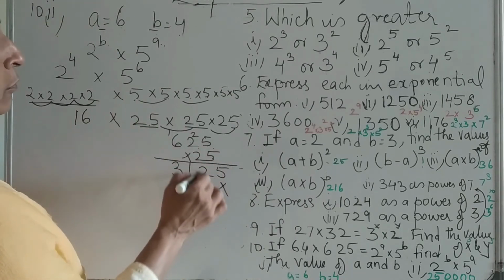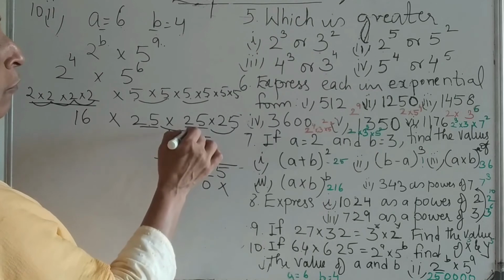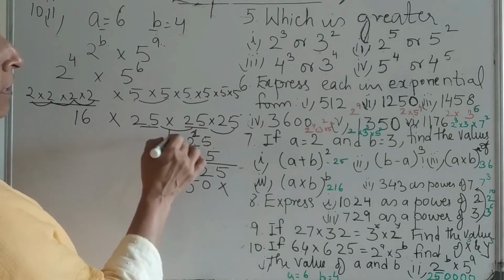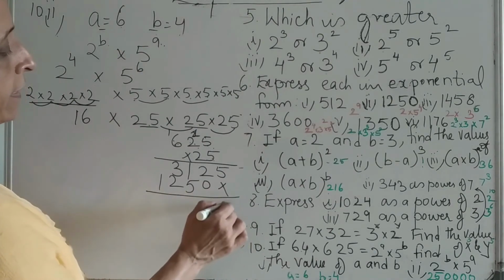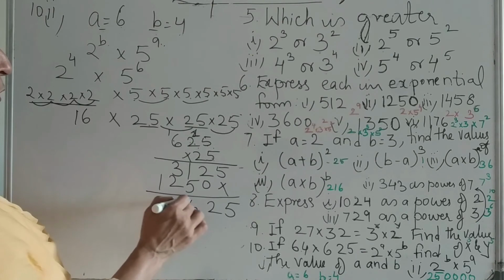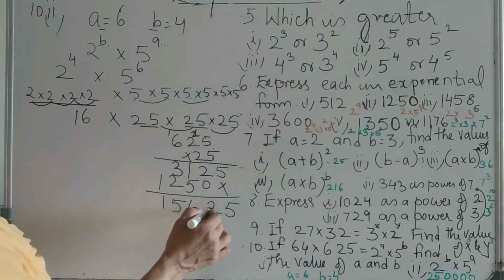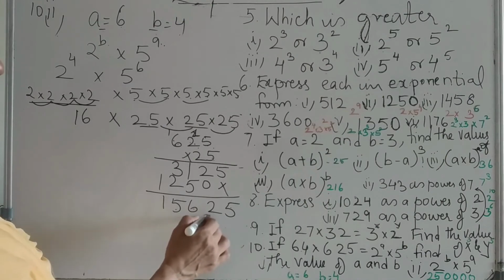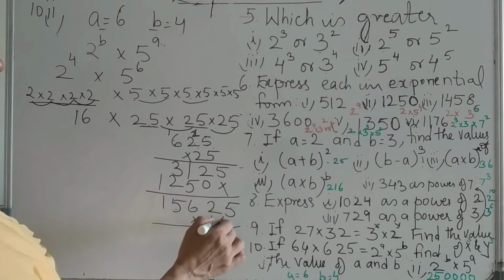Now 5 2s are 10, 1 carry, 2 2s are 4, plus 1 is 5, 6 2s are 12. Now what I get is 15625. Now this 15625 I have to multiply by 16 to get the answer.